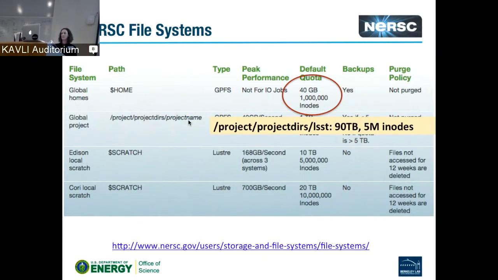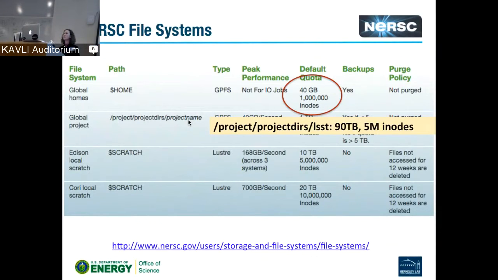The project disk space is allocated by project. And here we're using project instead of repo, which I realize gets confusing, but each project has its allocated disk space. And this is the path to the LSST DESC project space. We have, as a project, as a repo, about 90 terabytes and 5 million inodes as a quota.